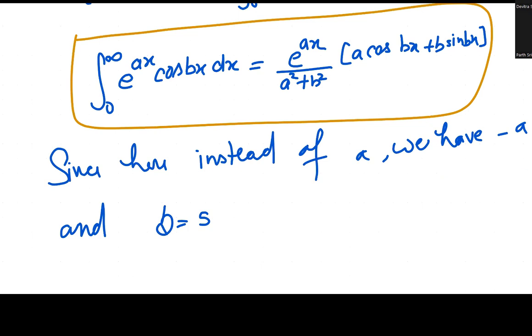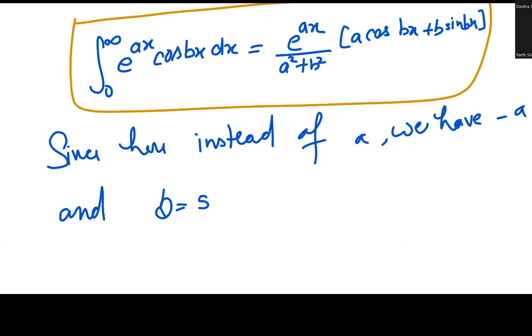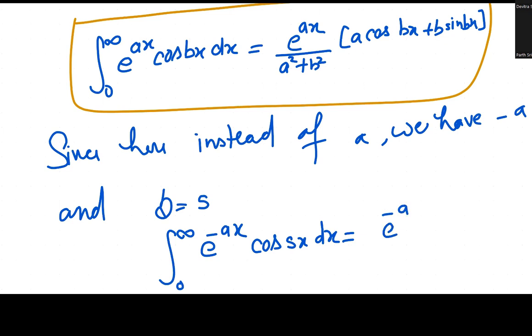So now let us use the formula: the integral from 0 to infinity of e to the power minus ax cos sx dx is equal to e to the power minus ax over minus a squared plus s squared, into a is minus, so let us take minus a into cos sx plus b into sin sx.